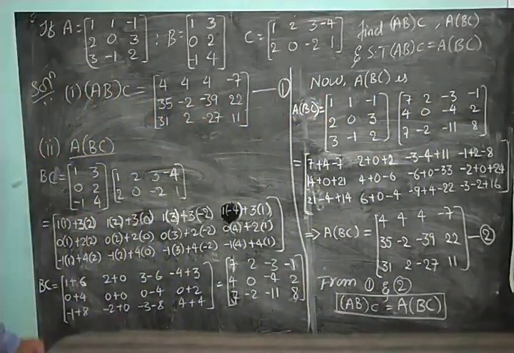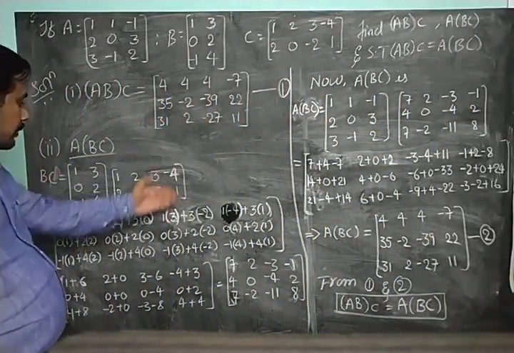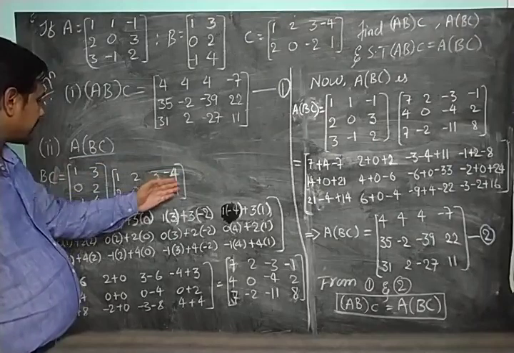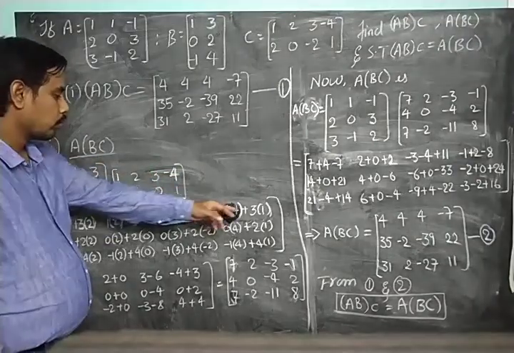Okay, fine. So first row multiplied with last column, 1 into minus 4 plus 3 into 1.